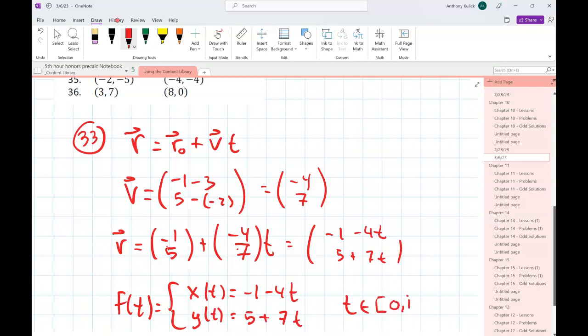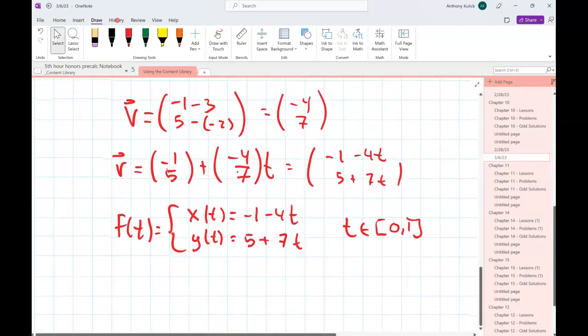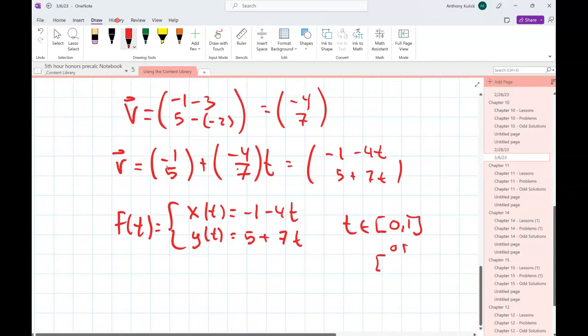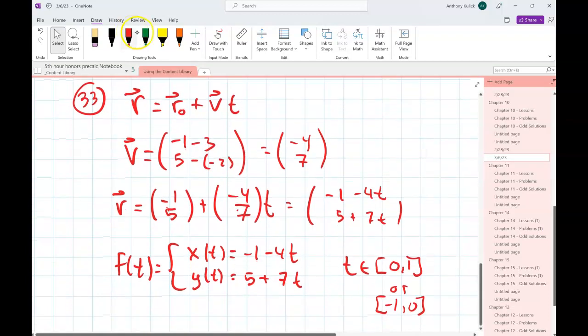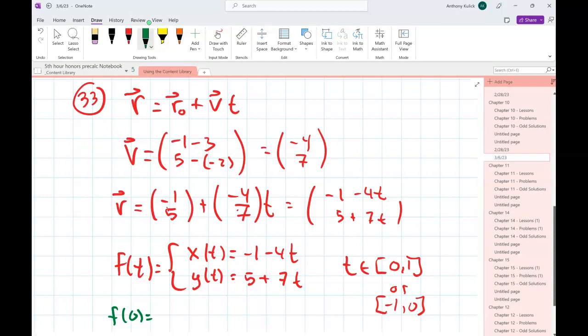And the nice part about this is I know what my interval is going to be. It's just going to be one or the other: 0 to 1 or -1 to 0. I just have to check. So if I do f of 0, I'm going to get -1, 5. Well, that's good.